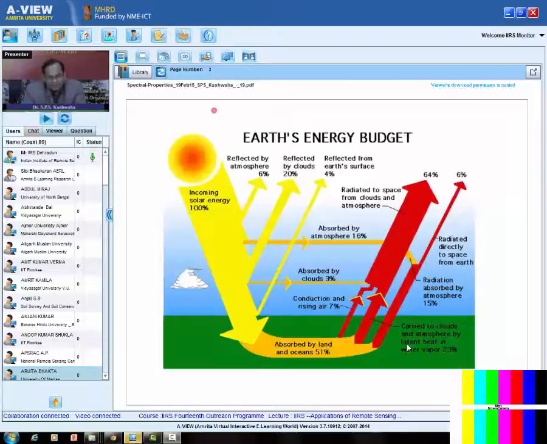In this slide, the right side is red, the left side is yellow, and in between is orange. Orange is the absorption, yellow is the radiation or irradiance, and red is the energy which is diffused into the atmosphere, and again it is intercepted by various objects like cloud, gases, water.